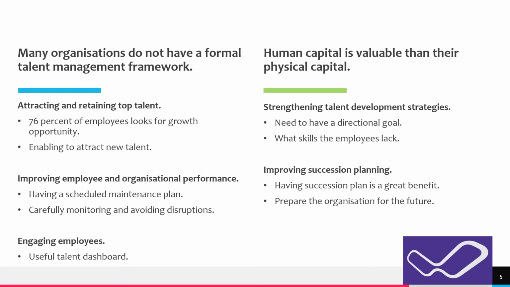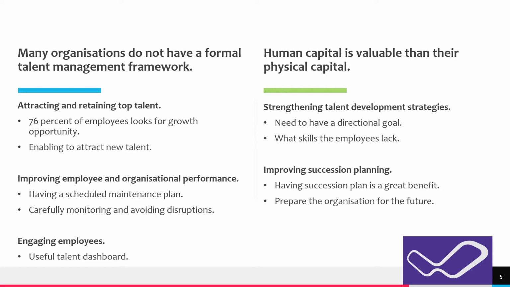For many organizations, their human capital is far more valuable than their physical capital. So, how can this be strengthened? Strengthening talent development strategies. There should be a directional goal to develop good talent strategies. A talent management framework gives an idea to figure out what skills are lacking among the employees.